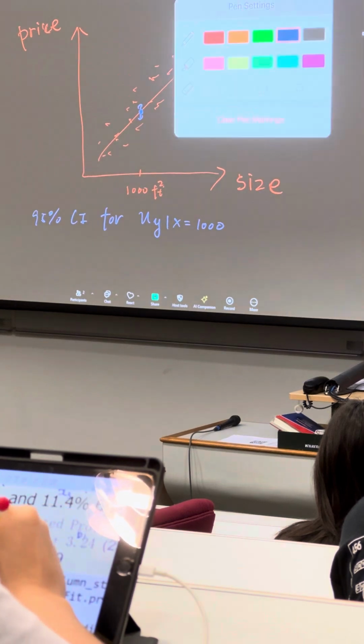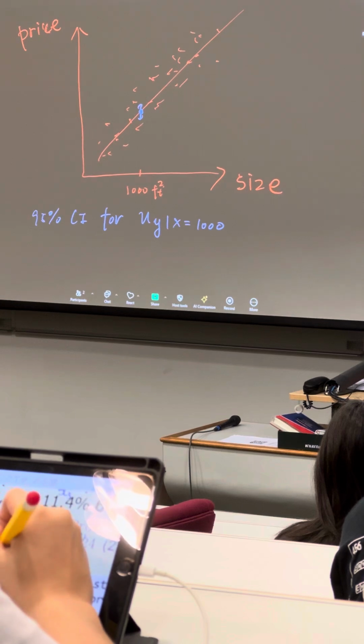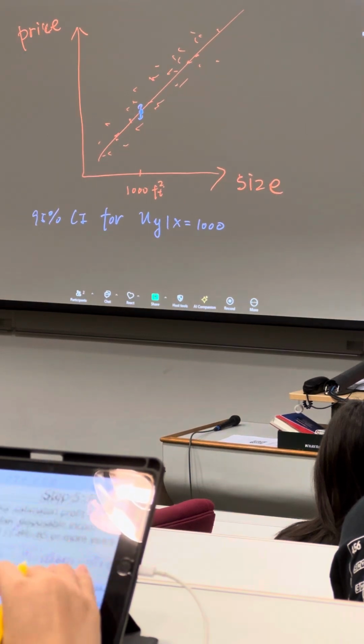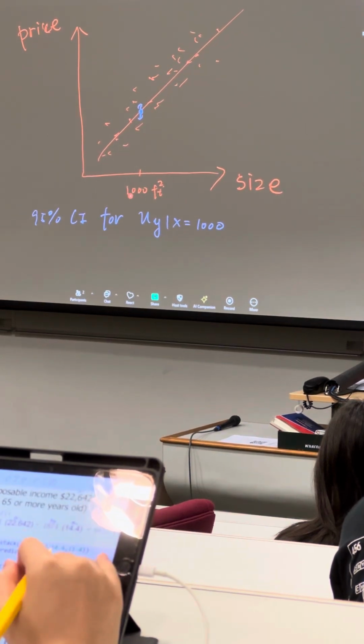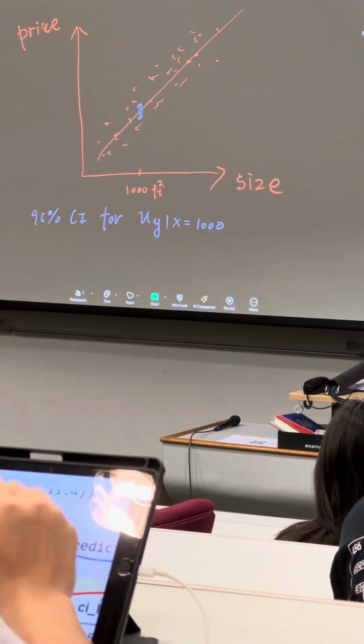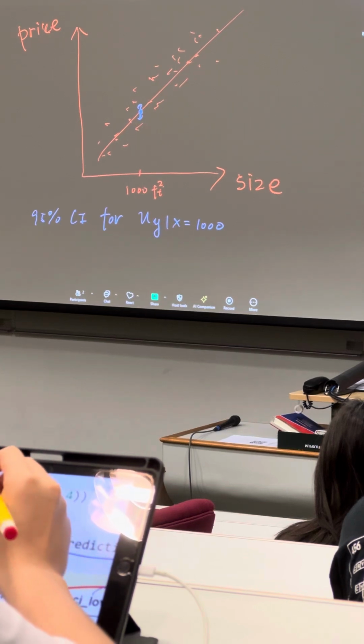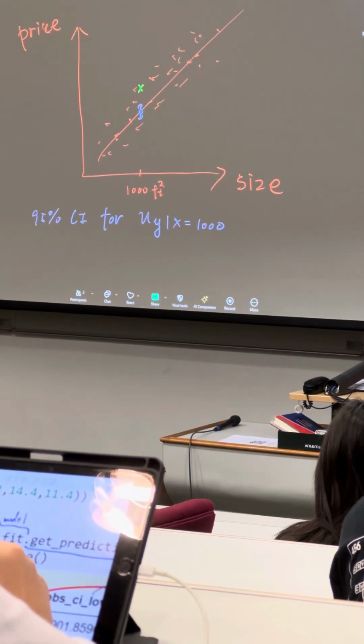Now, let's say I want to buy a house near HKUST. The house size is also 1,000 square feet. The house is located here, and we want to know the price range of this particular house.